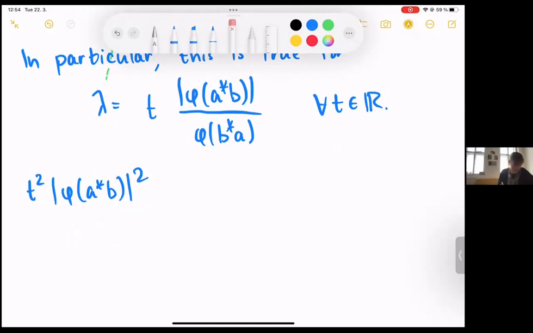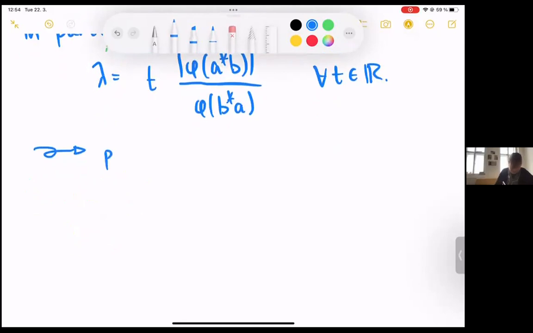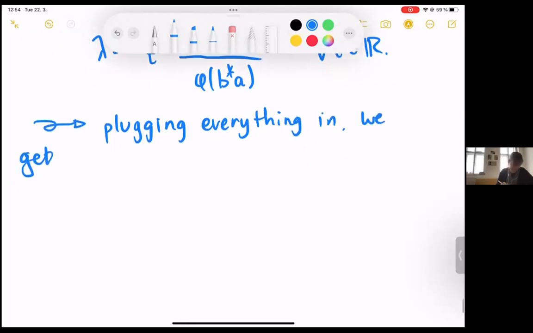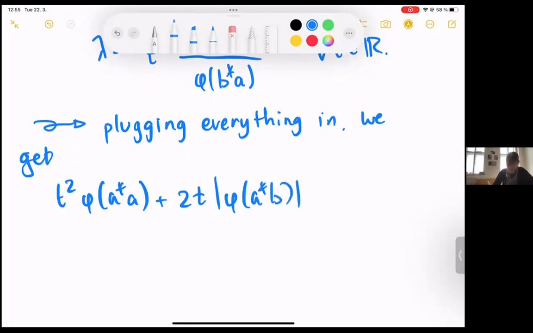So since we're nearly out of time, let's just say that plugging everything in, we get that T squared phi of A star A plus 2T phi of A star B plus phi of B star B is greater than or equal to 0.